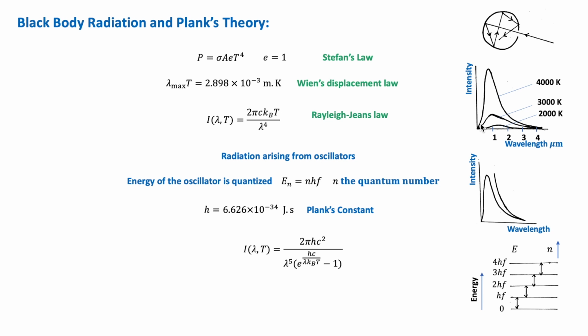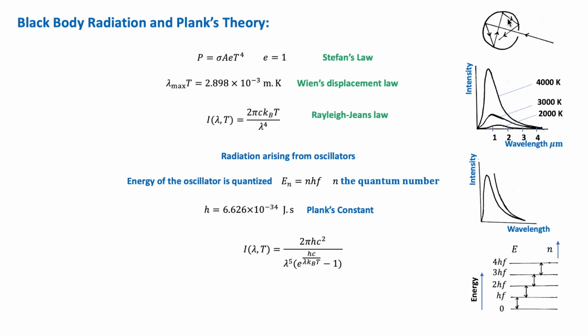Okay, so a black body is defined as an object that absorbs all radiation incident upon it. So a good approximation of the black body is a hollow object like this one with a small hole or opening. So the radiation emitted from this hole depends only on the temperature of the cavity walls.